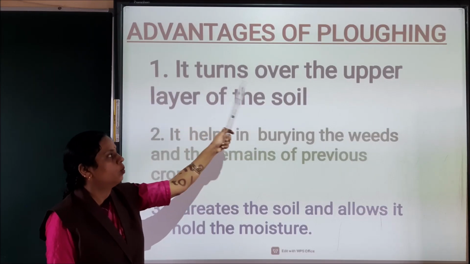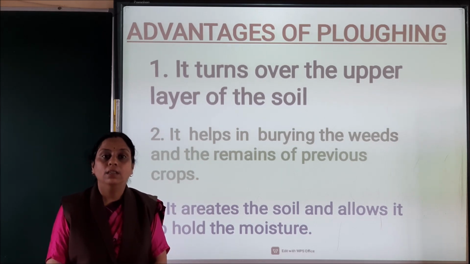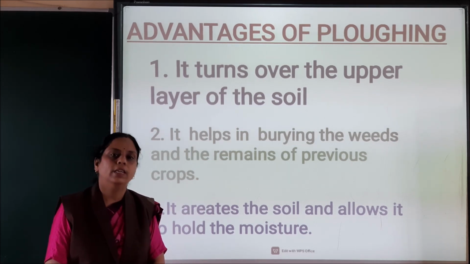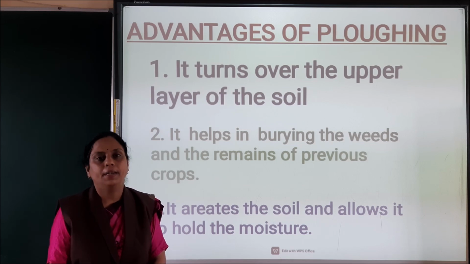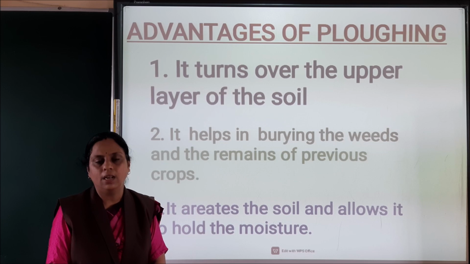So it turns over the upper layer of the soil. It means when they are plowing the field, they are turning the soil up and down so that the fresh nutrients can come to the surface.